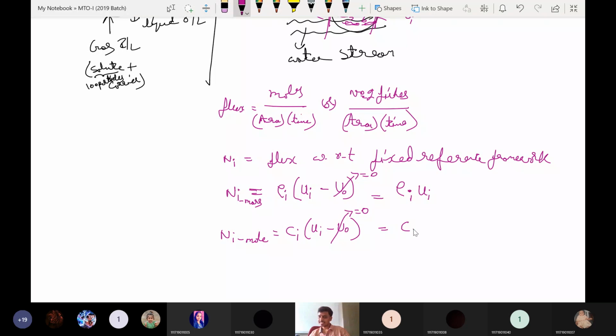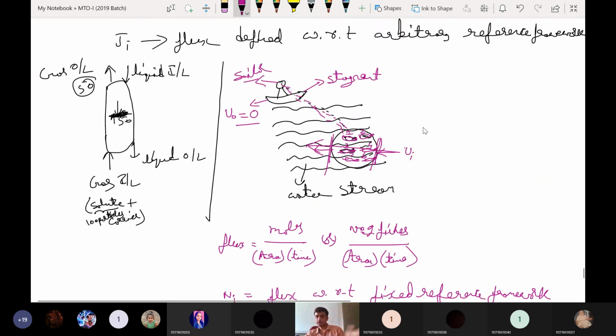Then we have to write Ci into Ui: molar concentration of your fishes into speed or velocity of your fishes. In this general sense I am saying fishes, but it will not be used in terms of fishes. Only the particles. We cannot visualize these particles, but we can visualize fishes here, so that's why I'm taking this example. Okay, do you catch my point here? What I mean to say?